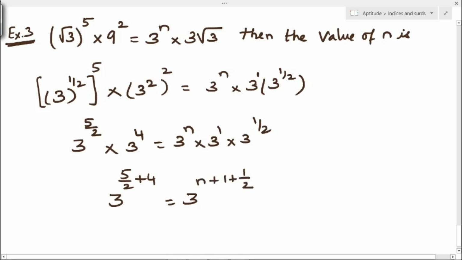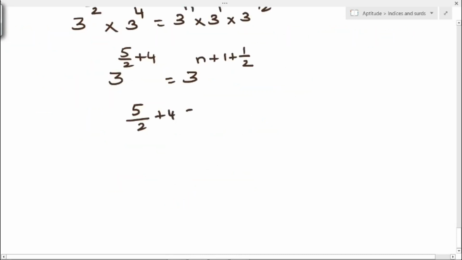Okay, because we have 3 power 1 here and 3 power 1 by 2 here. So we are adding n plus 1 plus 1 by 2. Now both the sides, base is 3. Now we have to equate the powers. So 5 by 2 plus 4 equal to, so this is n plus 1 plus 1 by 2.